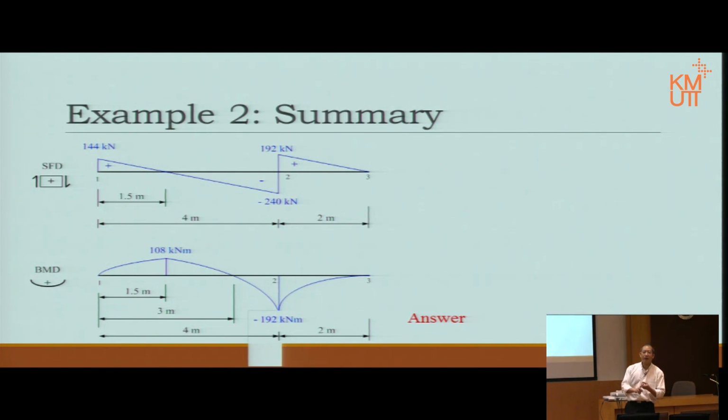The first technique is to find the function describing them and then draw the graph according to that function we found. The second technique is to use the external forces, reactions and applied forces to draw the shear force diagram. Then using the shear force diagram and the bending moment on the free body diagram to draw the bending moment diagram.